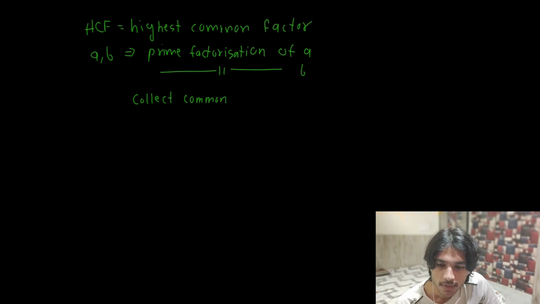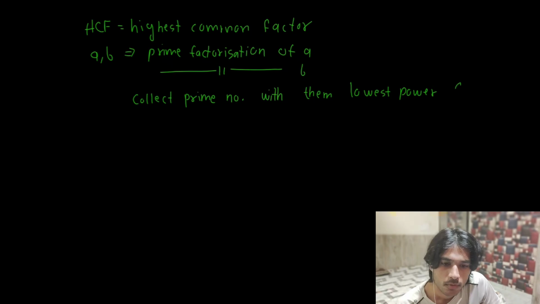Let me not write it like this. Let's simply say collect prime numbers with their lowest power from both.